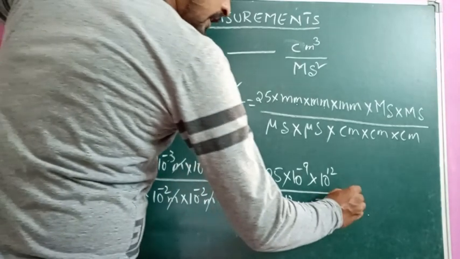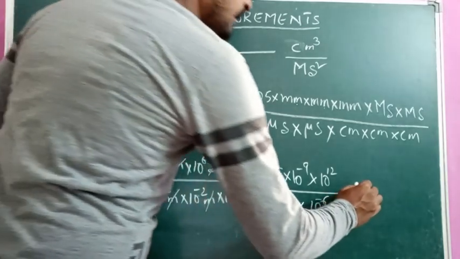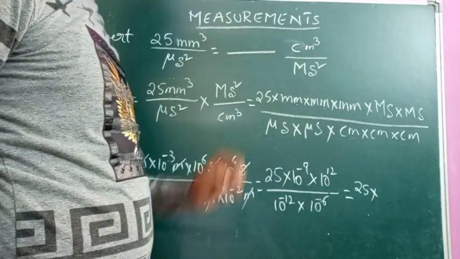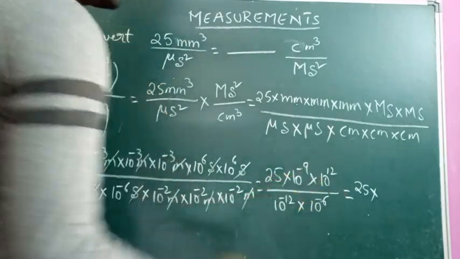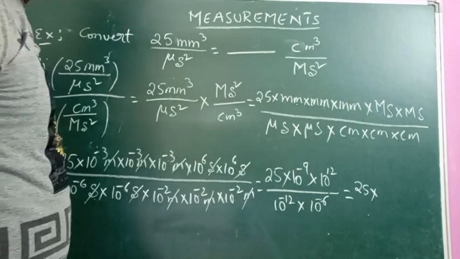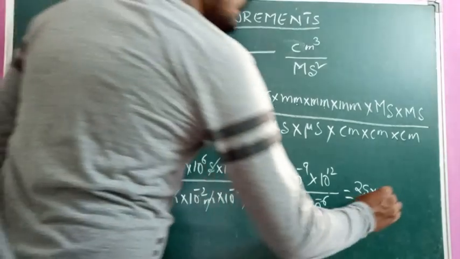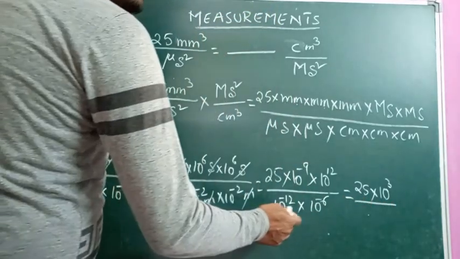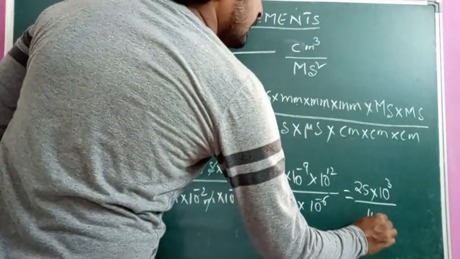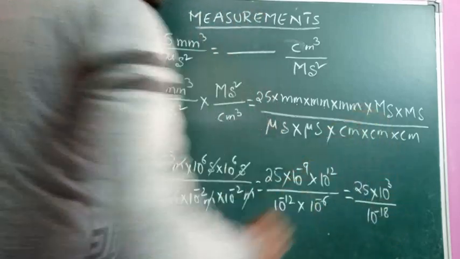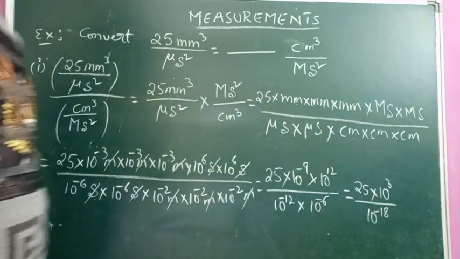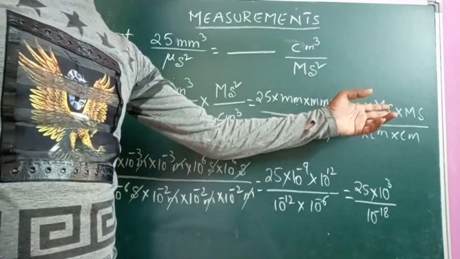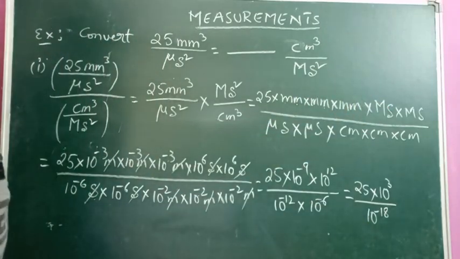Again multiply here: 25 into, when the bases are same, powers should be added. 12 minus 9 is 3, so 10 power 3, and by minus 12 minus 6 is minus 18, so 10 power minus 18. This 10 power minus 18 is in the denominator; if we send it to the numerator, it becomes 10 power plus 18.